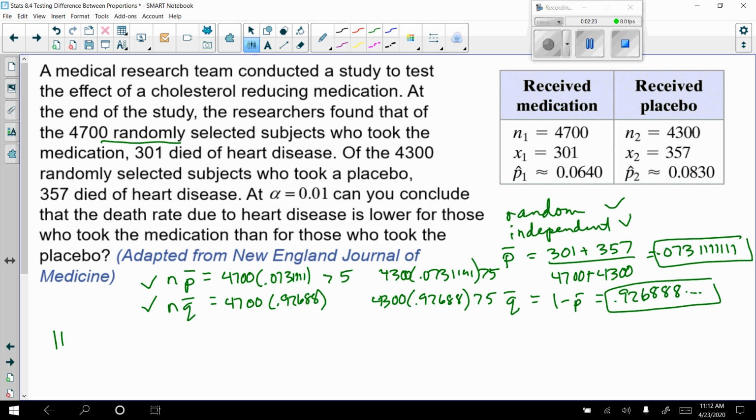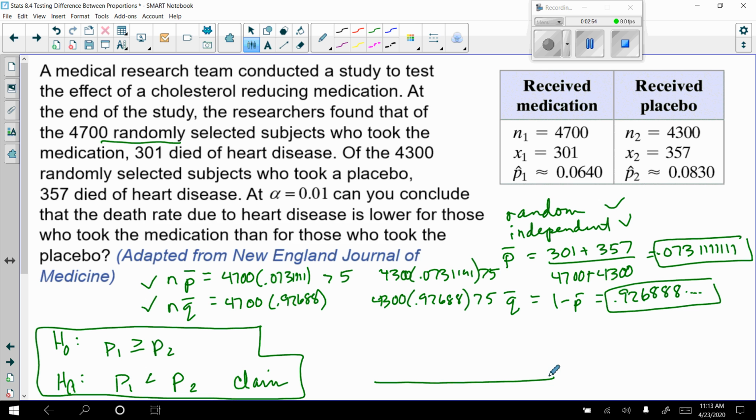I need a null and alternate hypothesis. They're asking me, can you conclude that the death rate due to heart disease is lower for those who took the medication than those who took the placebo? So the proportion who took the medicine would be lower than those who took the placebo. That's the claim. Therefore, greater than or equal to would be the null hypothesis.